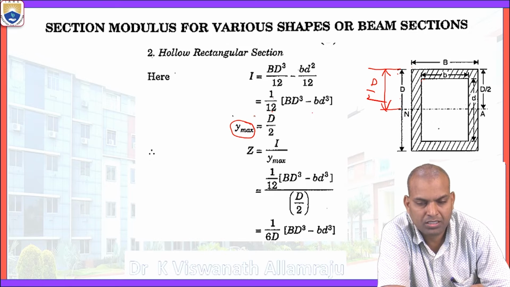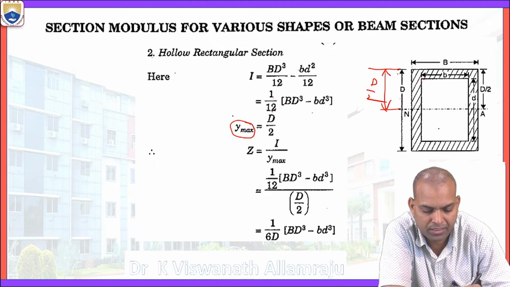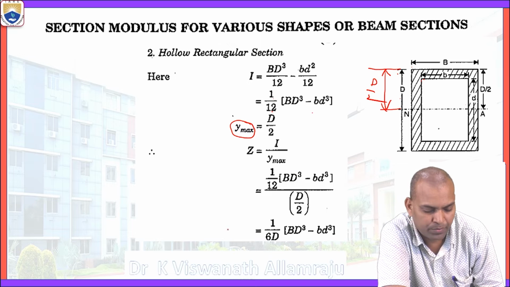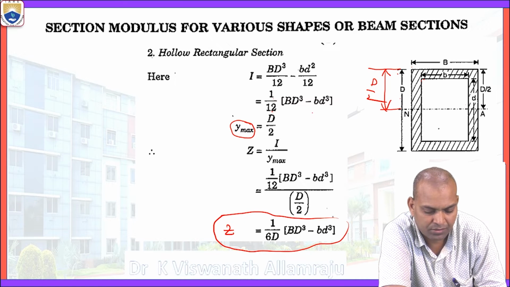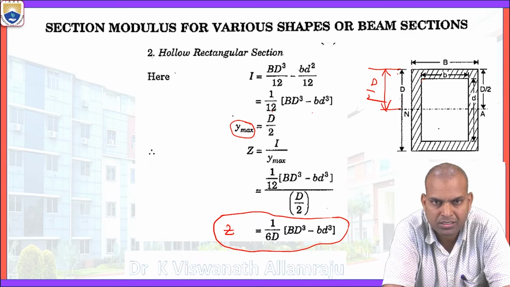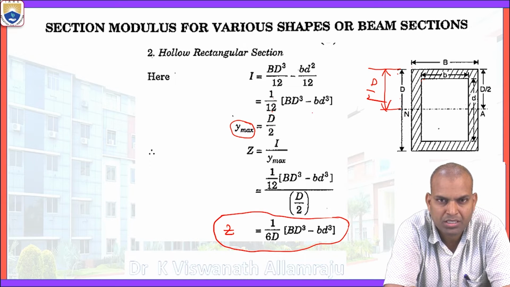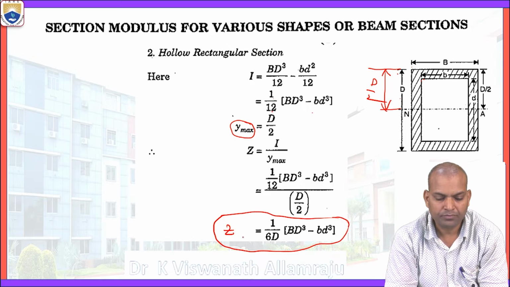So substitute here Z equal to I by y max. What is the I value? B D cube minus small b d cube by 12, divided by D by 2. After simplification, the section modulus is calculated in terms of breadth and depth, that is capital B D cube minus small b d cube by 6 times D, the capital D depth.